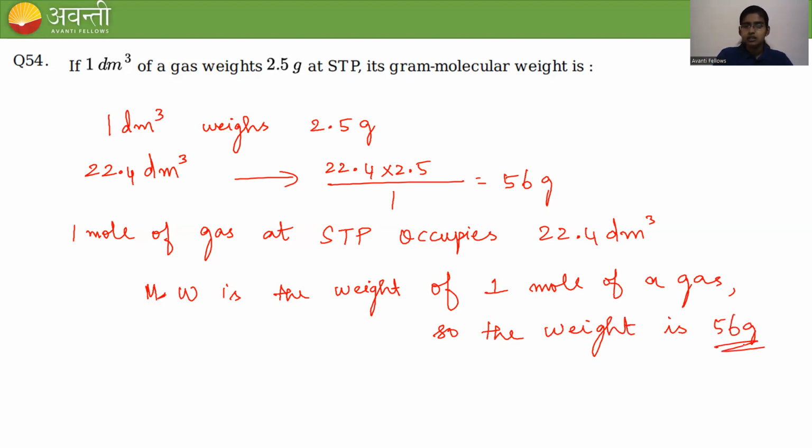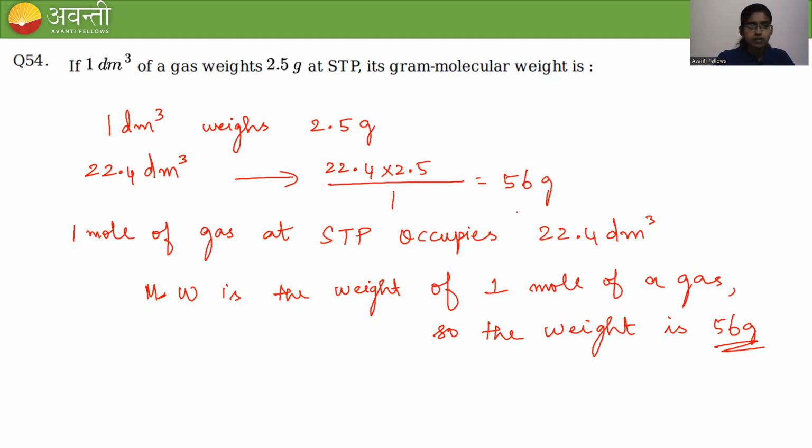Clear? So 1 mole of the gas occupies 22.4 decimeter. For 22.4 decimeter, the gram is 56. So molecular weight is nothing but the weight of 1 mole of the gas. So the answer is the same, 56 gram. Okay, that is the gram molecular weight for the given substance at STP. Answer is 56 gram. Okay.